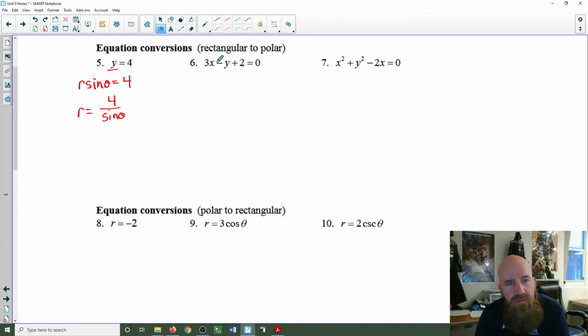So the next one, 3x minus y plus 2 equals 0. So we have to plug in our value for x, which we know is, actually I need parentheses. So 3 times r cosine theta, minus our y, that's r sine theta, plus 2 equals 0. I'm going to factor out an r.